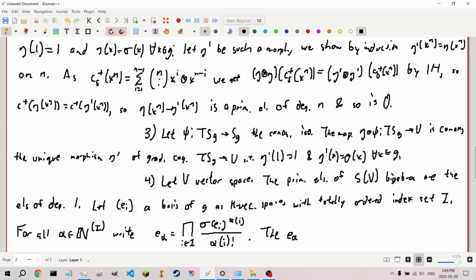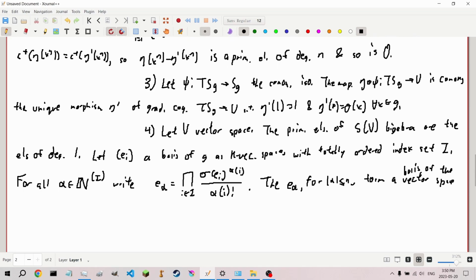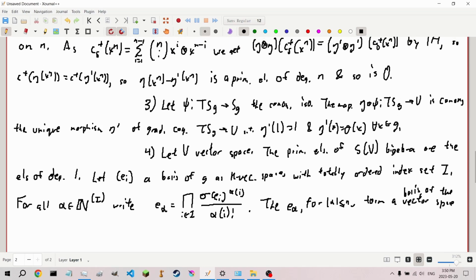The e sub alpha for size less than or equal to n form a vector space basis of the K vector space U sub n.